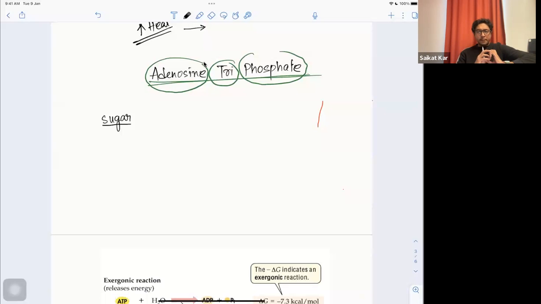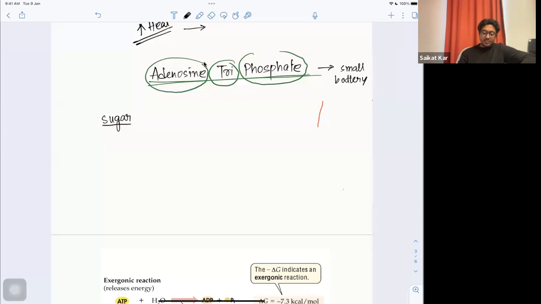We are just breaking the whole glucose to get energy from it. But there are some sugars which we are not breaking. We are keeping them so that we can make a battery. So adenosine triphosphate can be compared to a small or microscopic battery inside the cell.